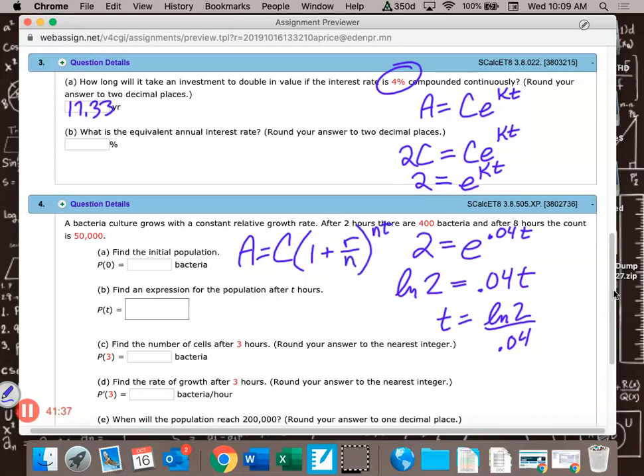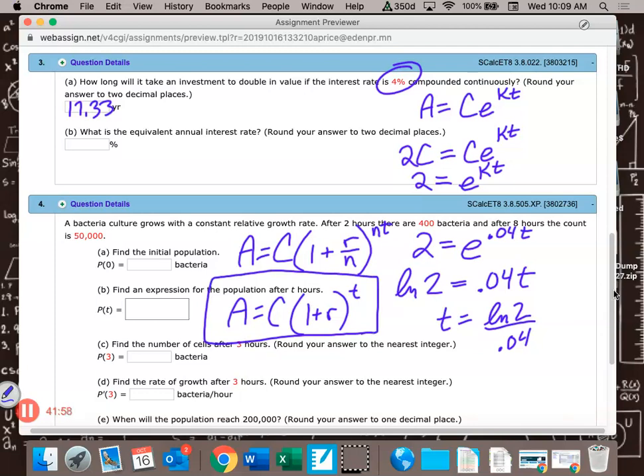Okay. So anyway, since we're compounding annually, our n is just going to be 1. So we have c times 1 plus r to the t. This is the formula that we're going to use to solve part B. So we're just going to do simple annual interest.